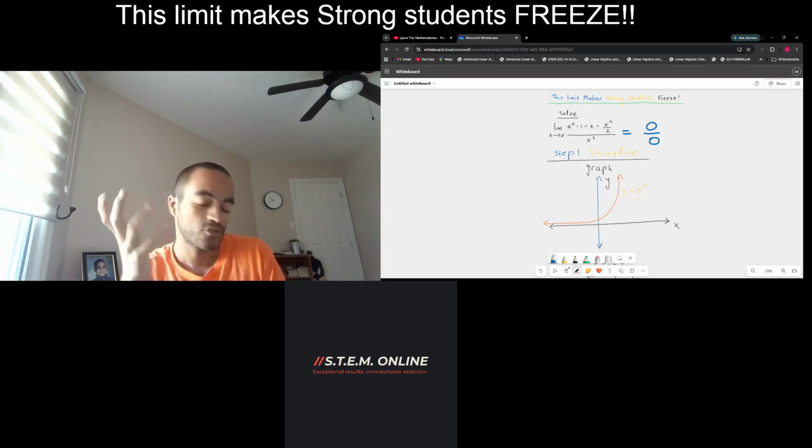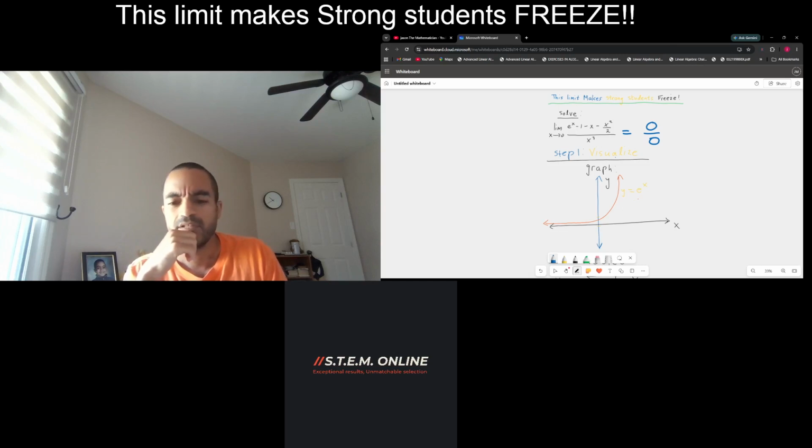In your head, you should say as x approaches 0, you can see that the numerator and denominator are going to 0 over 0. That's fine, because you have to first check to see if it's indeterminate. If it is, then you need to do some type of analysis on the function.